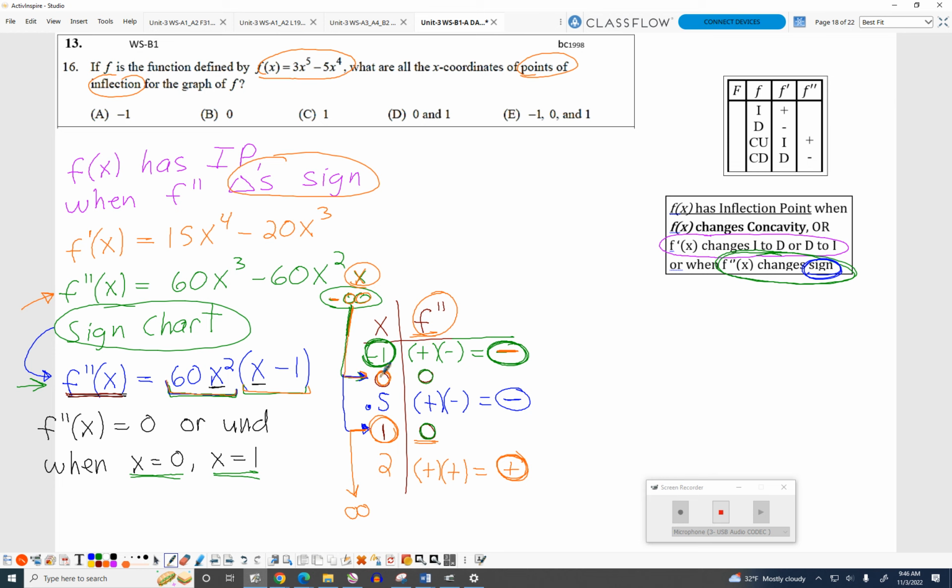At x equals 0, the sign of f double prime will change from negative to 0. And then, when we go to the next x, the sign changes back to negative. So that's not considered a sign change, because it did not go from negative to positive, it just stayed negative. So we don't count x equals 0 as an inflection point for f. Does that answer your question?